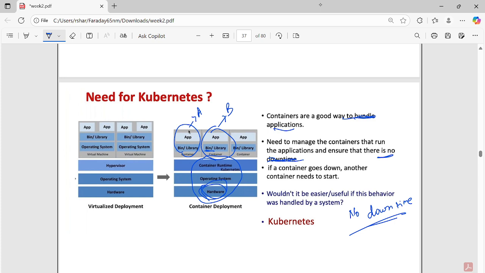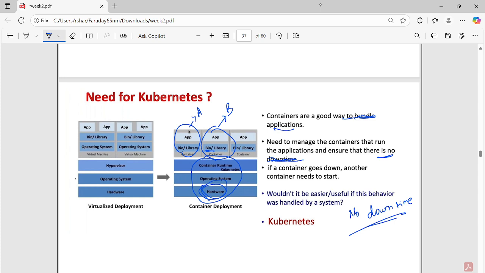For example, suppose a container by any probability goes down. We should be able to ensure that a similar container, or that container, is restarted again.